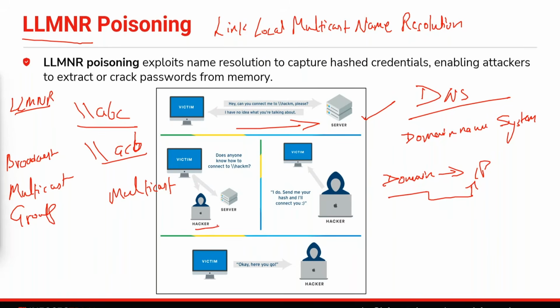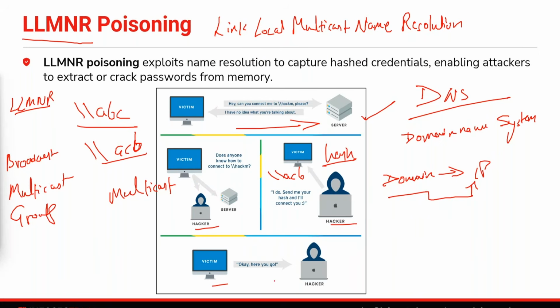The attacker with malicious intentions is also sitting in the network, looking for exactly this kind of request. The attacker will reply, I know where \\ACB is, but for your authentication, I want the hash of your password.